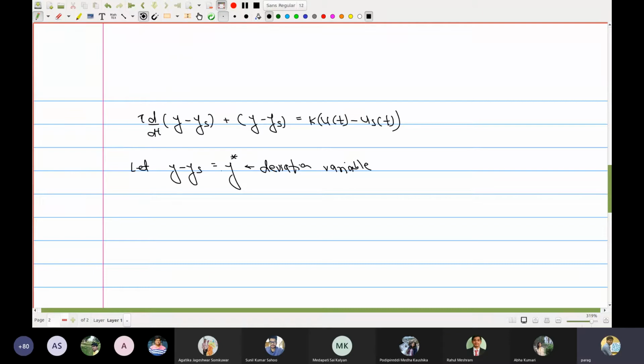So if I introduce a deviation variable, it casts my equation as tau dy star/dt plus y star equals capital K times u star(t), right? And this is my governing equation, which is in a very convenient form to apply Laplace transformation.